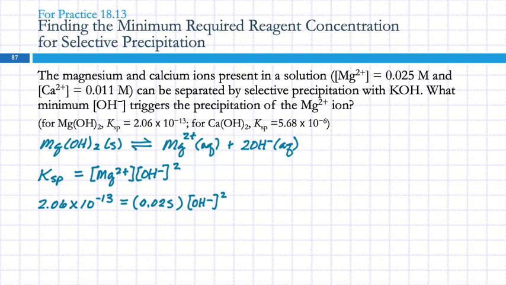And then you add just a teeny tiny bit more and we start precipitating. So when they're talking about triggering the precipitation or starting the precipitation, we're calculating the equilibrium amounts. So you can use a solver here, or we can divide this side by 0.025. Take the square root of both sides.